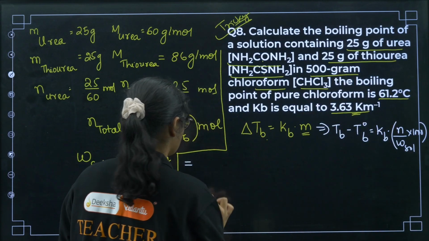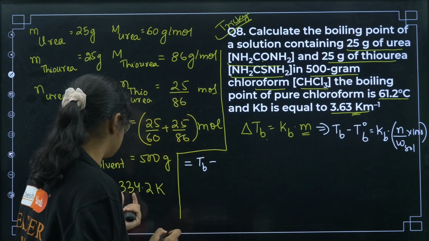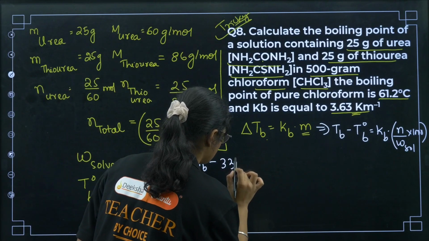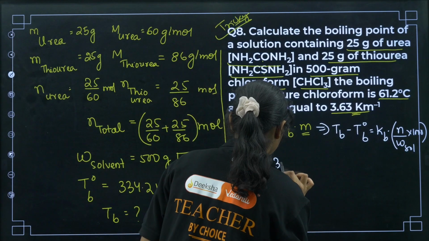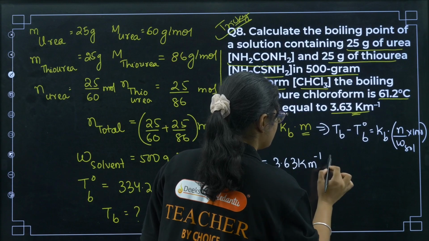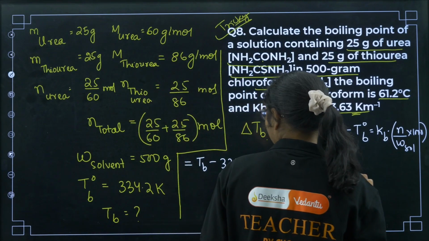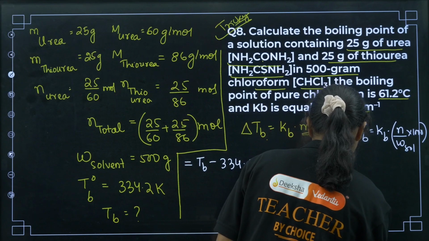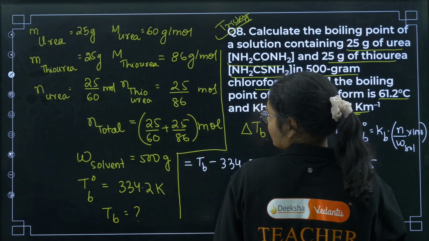So if I just write down this value here, what is TB? I have to calculate. T naught B is 334.2, okay. Then what is KB? 3.63 K mole inverse, okay. Into M value. Number of moles is how much? 25 by 60 plus 25 by 86, okay.